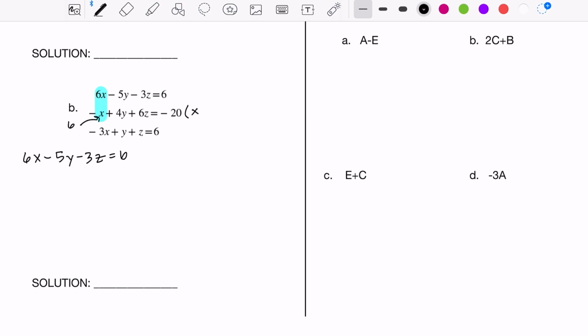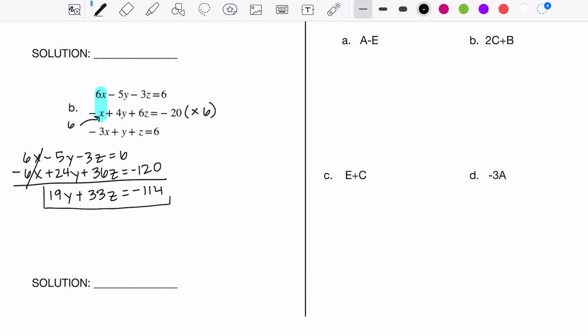So I'm going to multiply the whole equation by 6. So that's each term. And then I'm going to combine those. So that eliminates that, and I get 19y plus 33z equals negative 114.